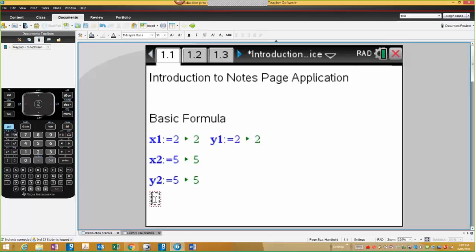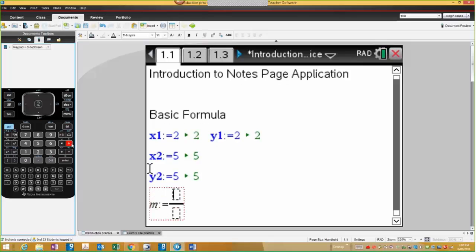If I want to work out the gradient of the line connecting these 2 points, I will again use the Assign button on my calculator, open up the fraction template, y2 minus y1 over x2 minus x1.